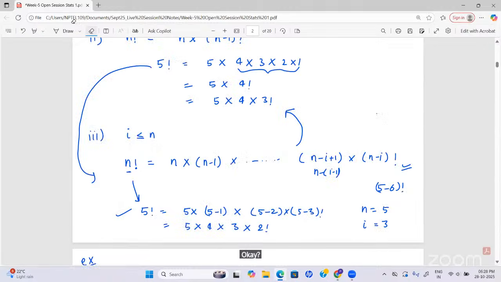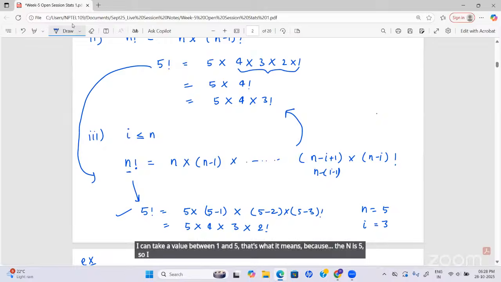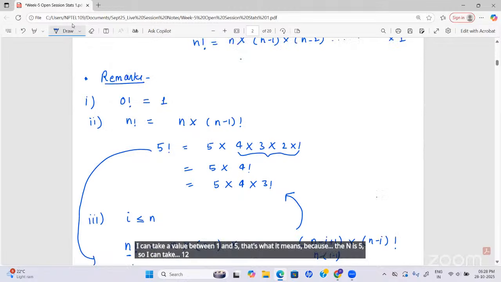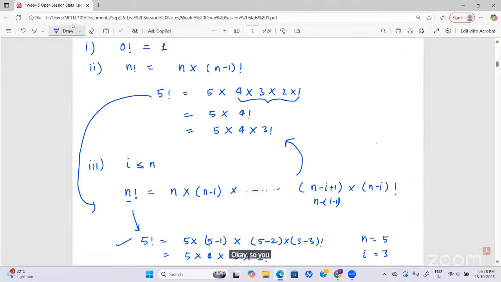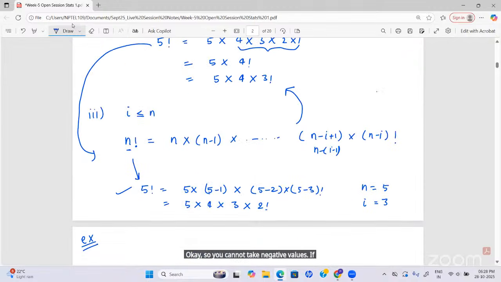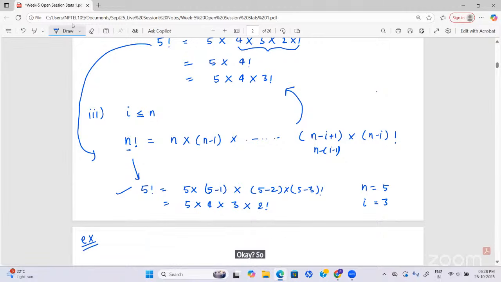I can take a value between 1 and 5, since n is 5. Here it is a product of positive integers only, so you cannot take negative values. If i becomes greater than n, the value will be negative, so i can be less than or equal to n.